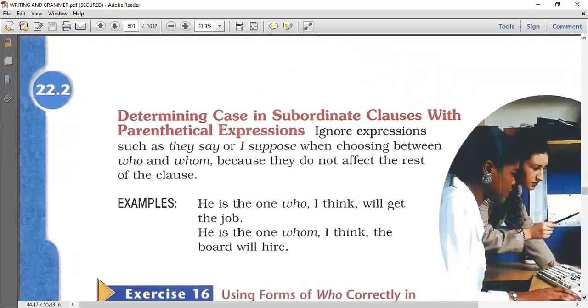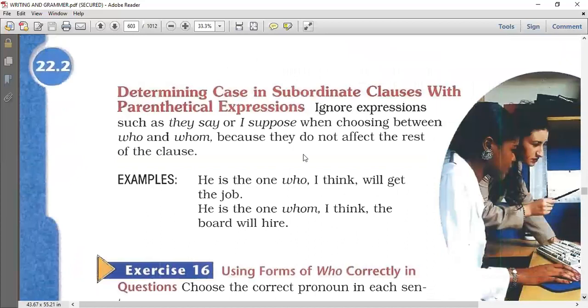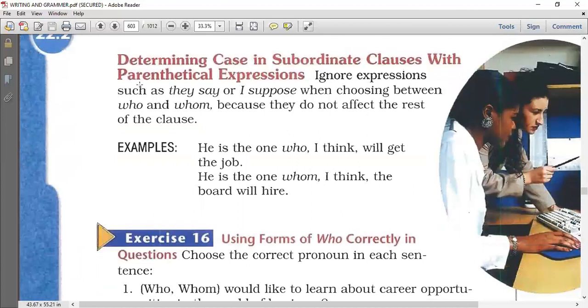Determining case in a subordinate clause with parenthetical expressions. Ignore expressions such as they say or I suppose when choosing between who and whom. Ignore them because they do not affect the rest of the clause.